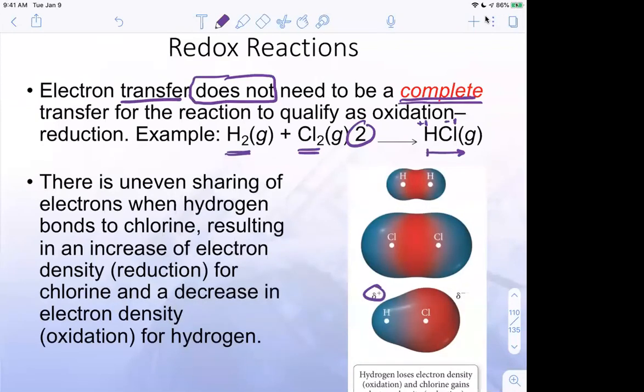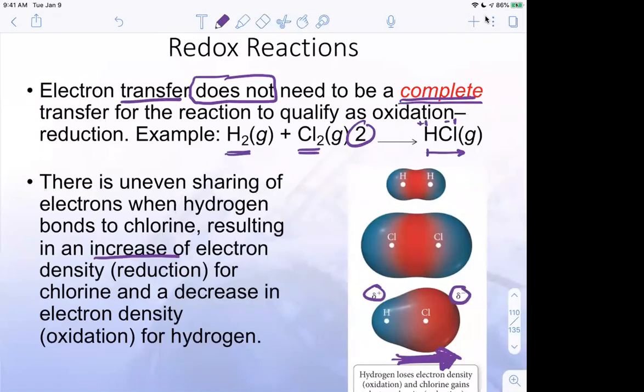But these are really partial charges where the electron density is pulled towards that more electronegative chlorine atom. So there is an uneven sharing of electrons when hydrogen bonds to chlorine.